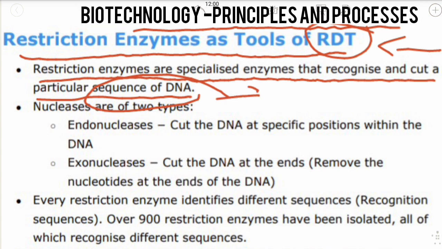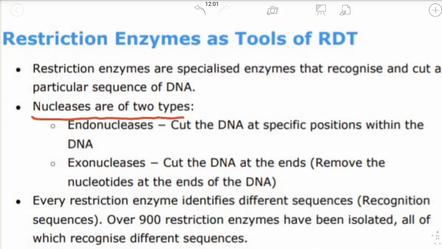Restriction enzymes basically belong to a large class of enzymes called nucleases. Restriction enzymes were isolated firstly by Warburg. Nucleases are of two types: endonucleases and exonucleases.